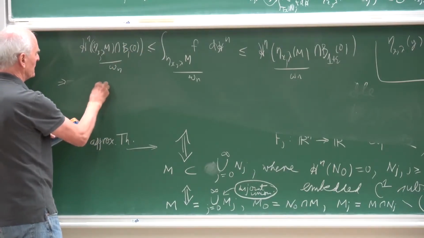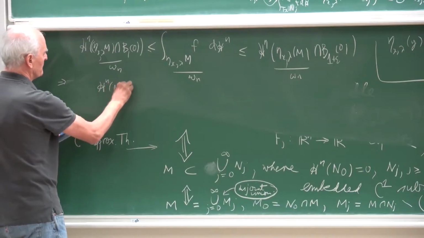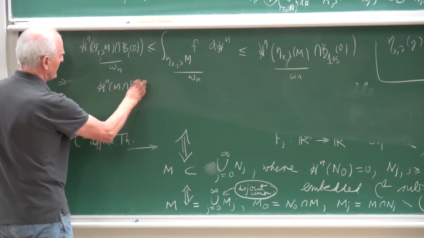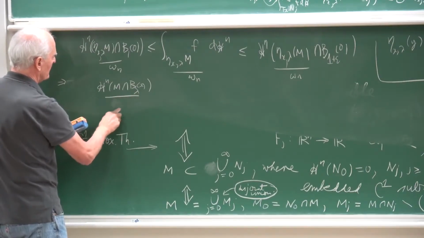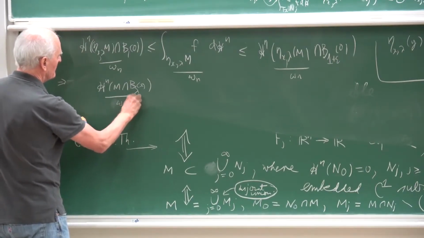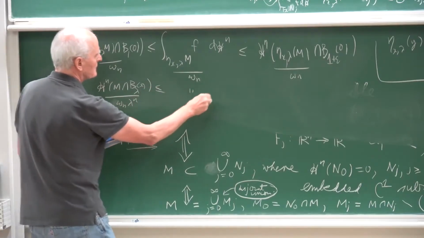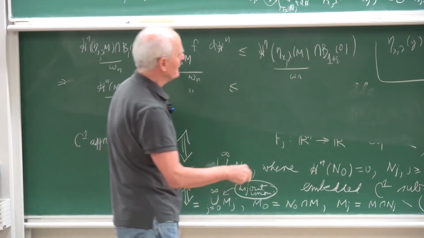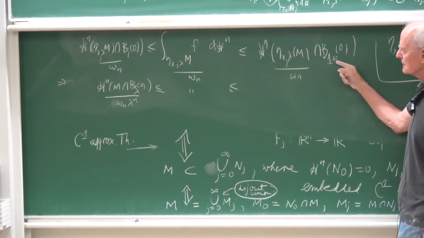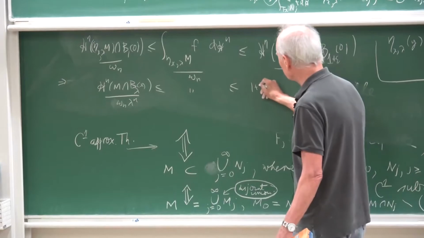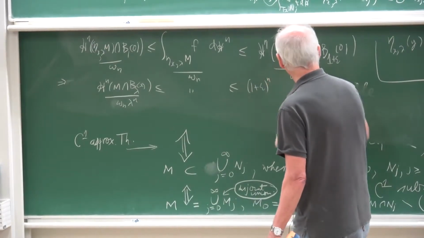So you get H^n of M intersect B lambda, centered at x, over omega n lambda to the n, is less than or equal to this, which is less than or equal to, with a similar argument, except that this time we're talking about the ball of radius 1 plus epsilon, so we get a factor (1 plus epsilon) to the n.